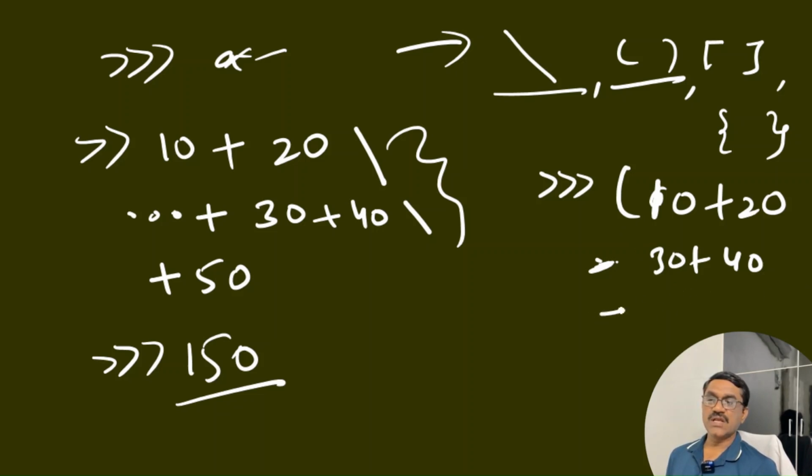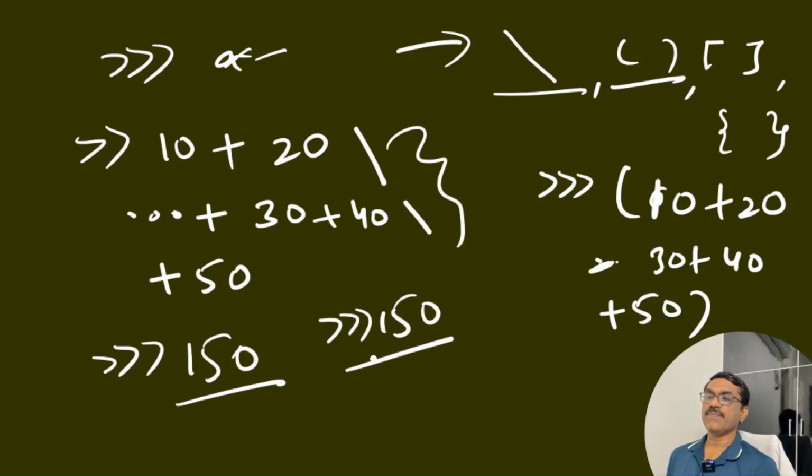If you write on the next line plus 50, and here you write the right parenthesis, once you give the right parenthesis, the expression ends and we get the result 150. Similar to the parentheses, you can also use square brackets, or opening and closing braces. This is the way of representing multi-line statements in Python.